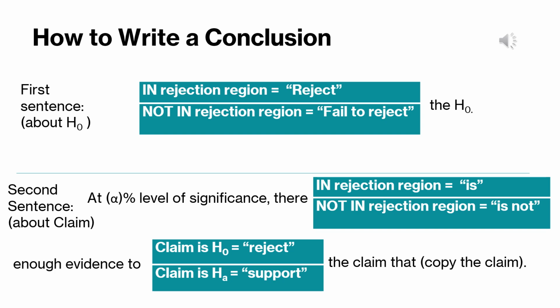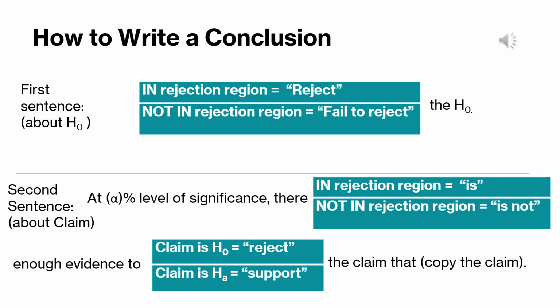So then we say at whatever the alpha percentage level of significance, there, and now if it's inside the rejection region, we say there is enough evidence, and if it's not, then we say there is not enough evidence. So it's just a question of, is the dot inside or outside the rejection region? Is your p-value more stuff or not as much stuff as the rejection region?